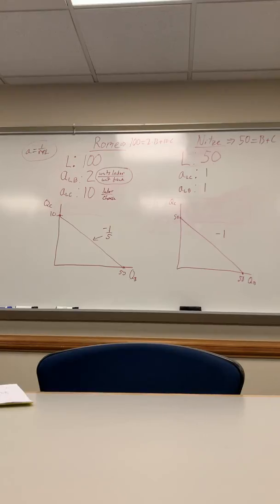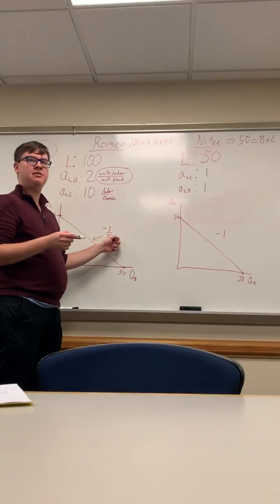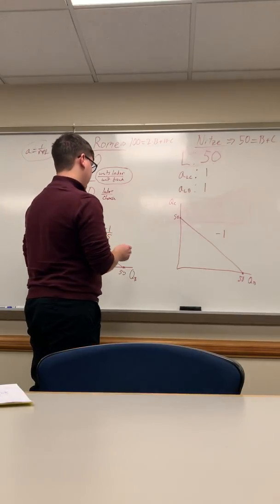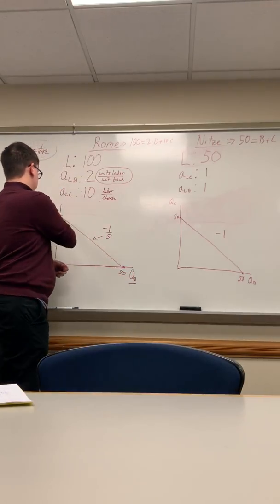Opportunity cost. Opportunity cost of bread in terms of cheese. Yeah, that is exactly right. So 1/5, this is the opportunity cost of bread in terms of cheese.